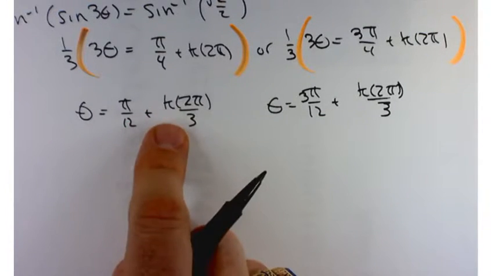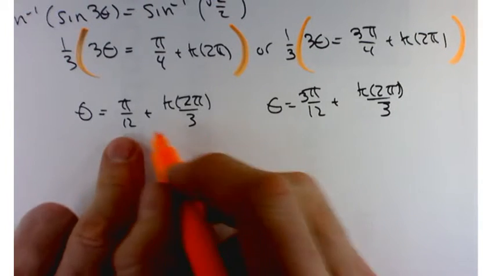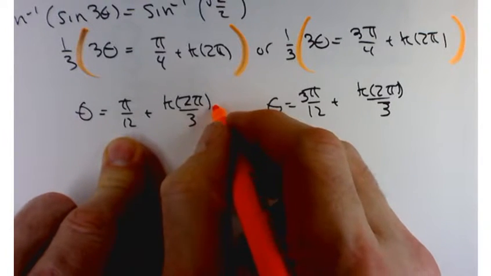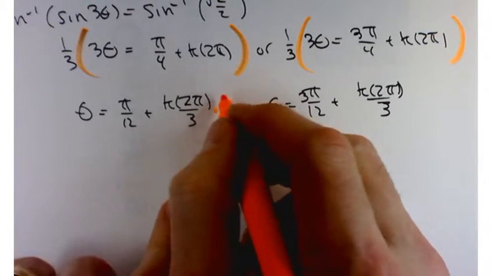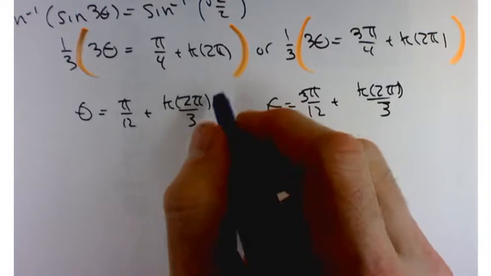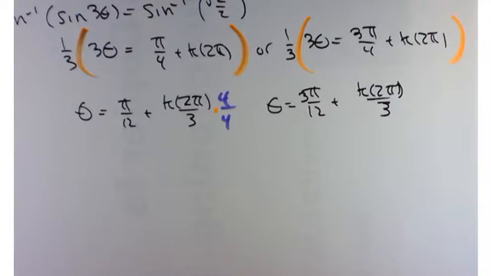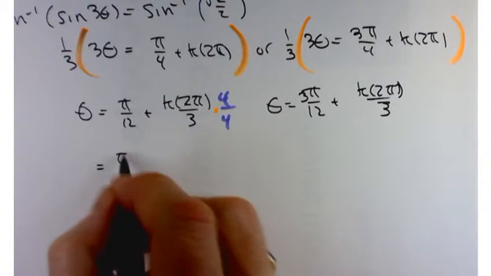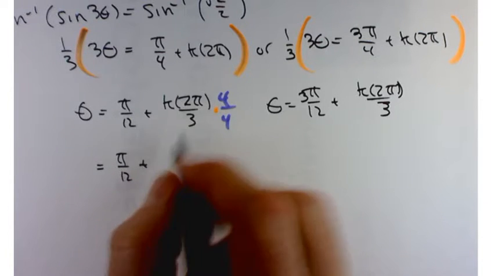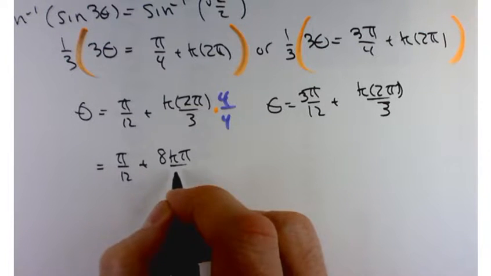Let's do what we did with the last one, and that is get common denominators for both of these things. So the common denominator here would be 12. That means I'm going to multiply this by what over what? Thank you, 4. So multiply by 4 over 4. So pi over 12 plus 4 times 2 is 8, k pi over 12.